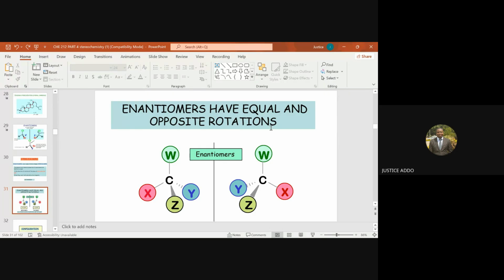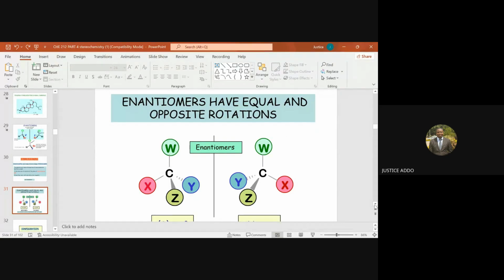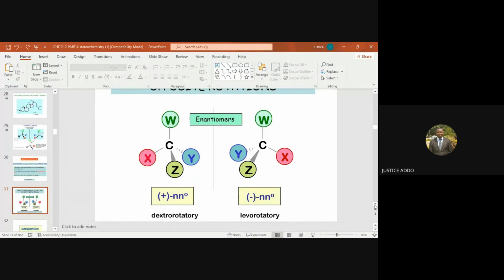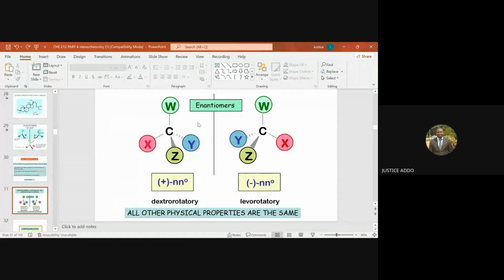Of course, enantiomers have equal and opposite rotation. They have equal and opposite rotation. So take note of that. So if you take the one on the screen like this, whilst the one on the left, you see that the angle of rotation is indicated by plus.